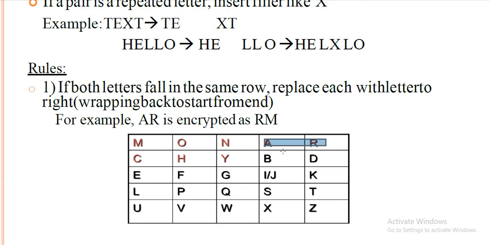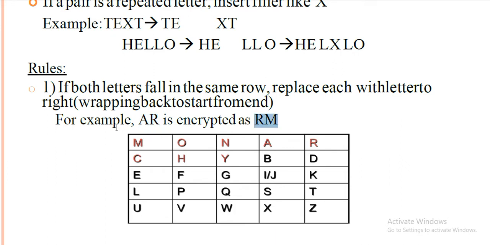So A is replaced by R, so R is written over here, and R is replaced by the first alphabet of that particular row, M. So R is replaced by M. Because of that, AR is encrypted as RM, right?